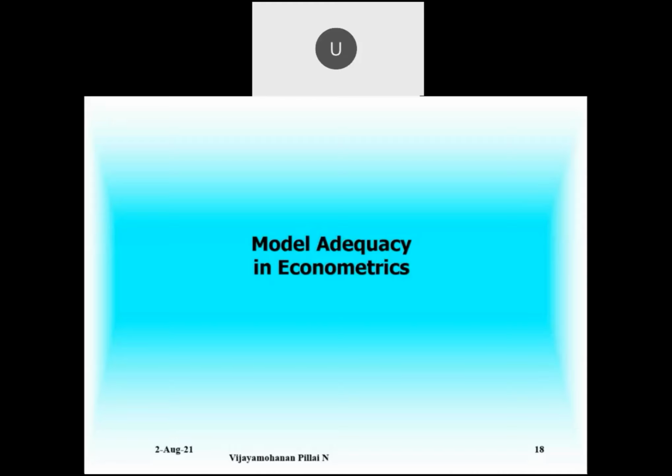Now I shall start with a multiple regression analysis. Suppose we have n observations on the dependent variable y, and we have k minus 1 variables and k parameters. That means y is a function of k minus 1 independent variables and a random error. When we write it as a linear regression, yi is given as beta 1 plus beta 2 xi2 plus beta 3 xi3 and so on, beta k xik plus ui.